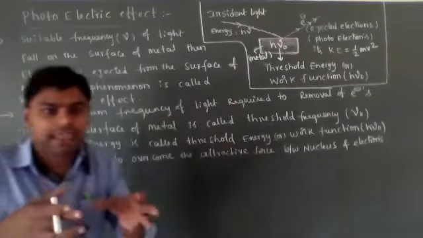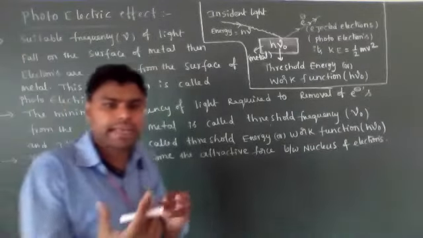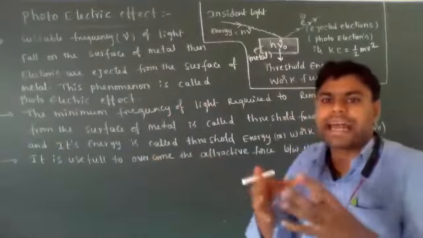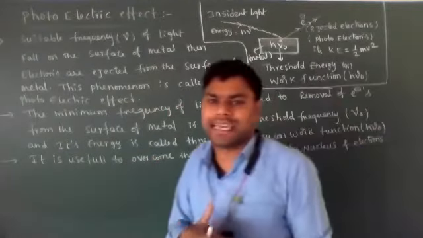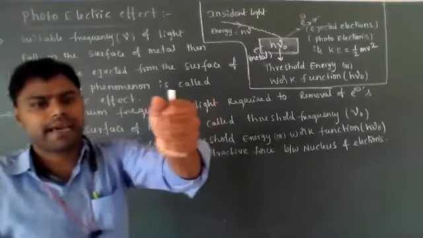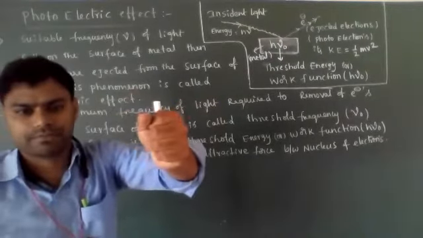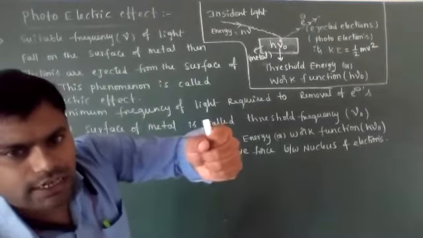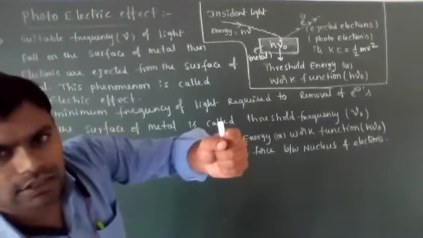Now, how is that minimum energy useful? It is useful to overcome the attractive forces between the nucleus and the electron. Already I said, see this chalk piece I hold tightly with this hand. Listen carefully, it's a very easy concept.